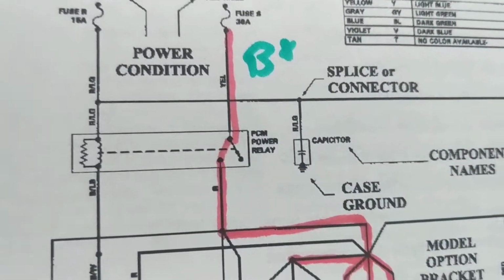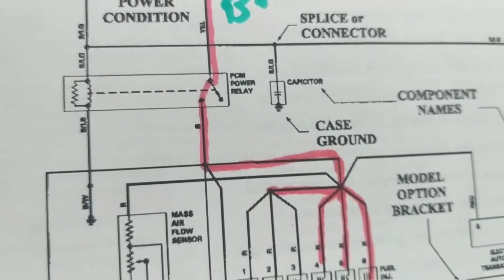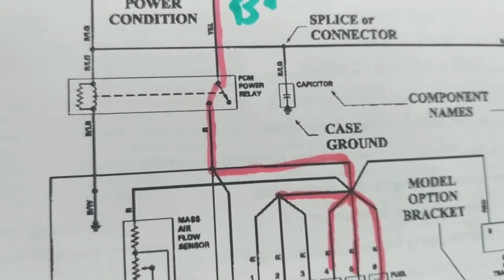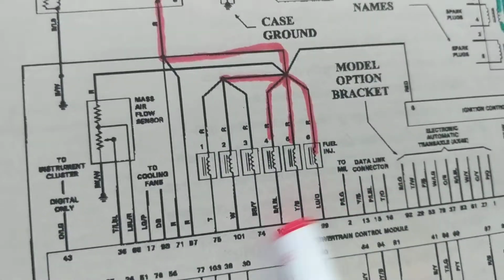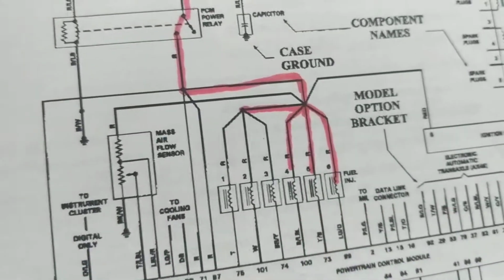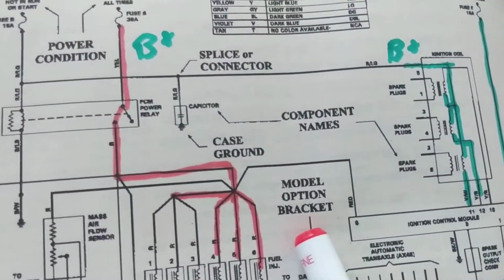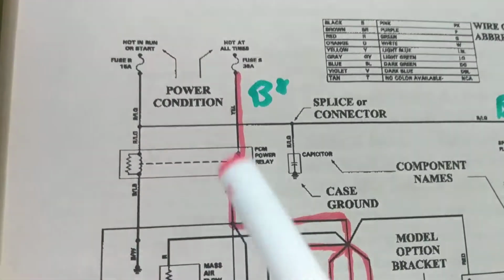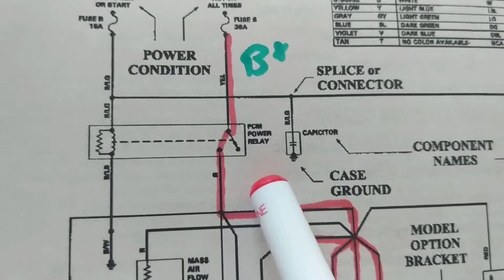Voltage is a pressure, electromotive pressure that pushes the current to do work at the load. The load could be a relay. The load could be injectors. The load could be a motor, a stepper motor, anything, a starter motor. We have to understand the basic concepts.